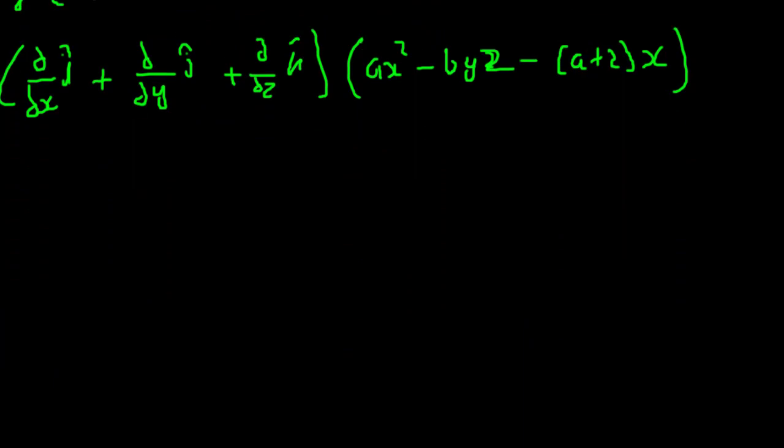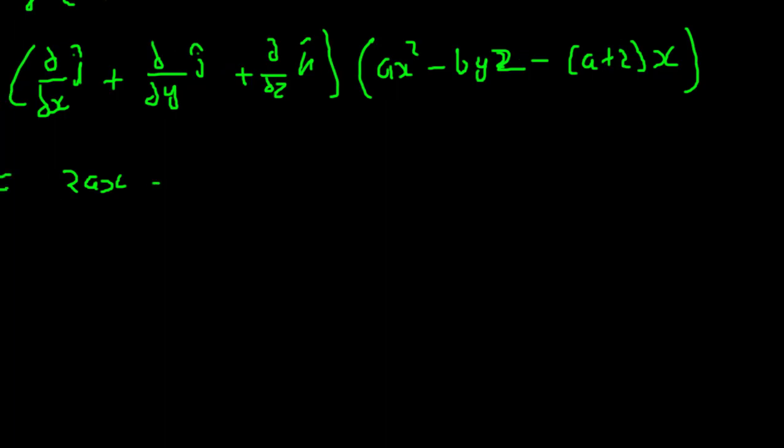Let's solve this question. Let's partially differentiate this, so it will be 2ax, since a is taken as a constant, minus a plus 2 in brackets, i cap. That is for the first one.